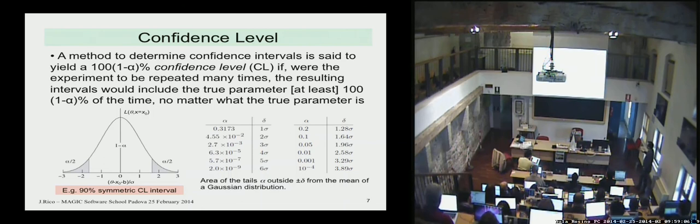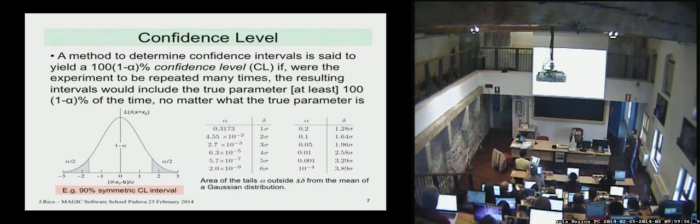So for integer numbers of standard deviations, or sigma, we have the corresponding probability of the tails, and this would correspond to the confidence level. And here, for, let's say, nice alpha numbers, we have the corresponding number of sigma that we should integrate to get the exact confidence level.